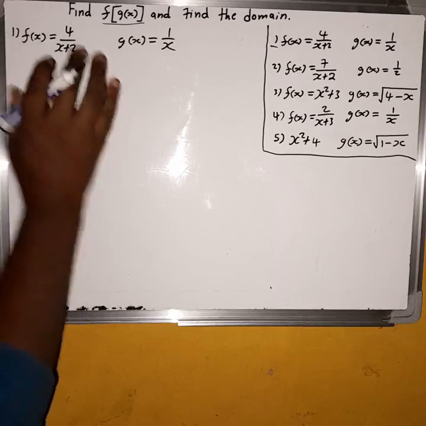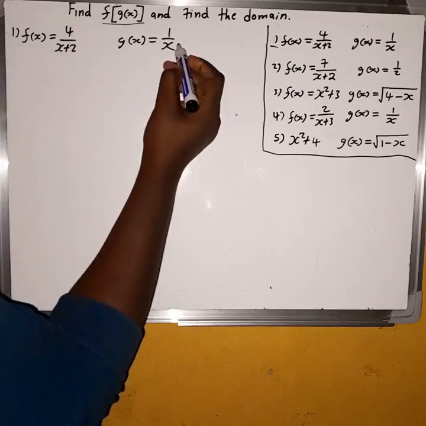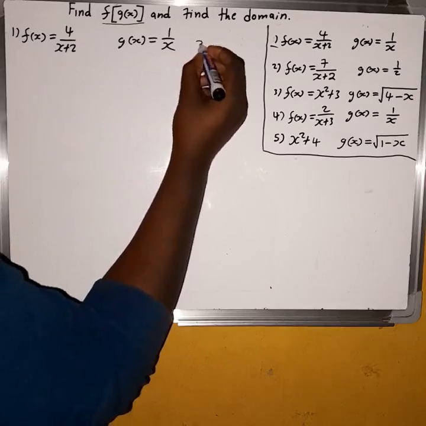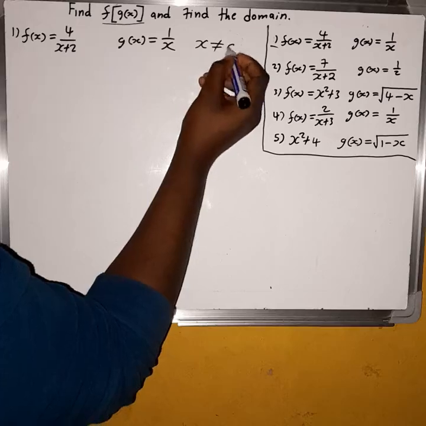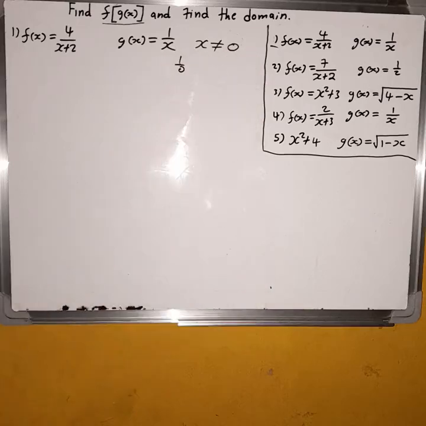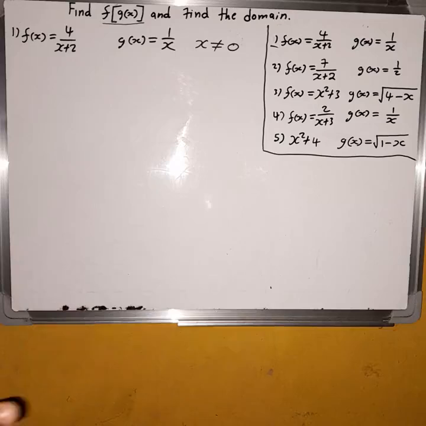So we have to find restrictions first. If you have a fraction like this, x must not equal 0. Remember, 1 over 0 is undefined. So x cannot equal 0.